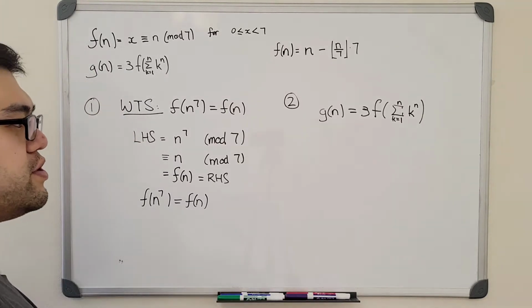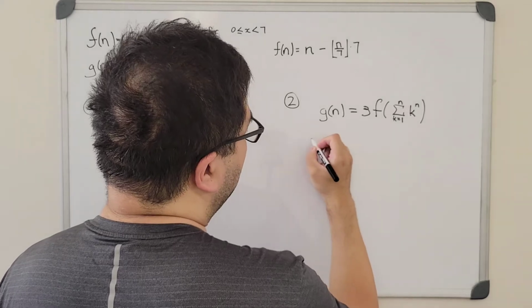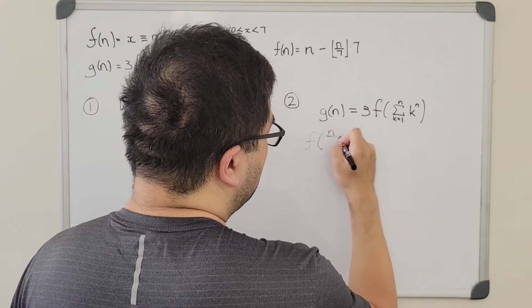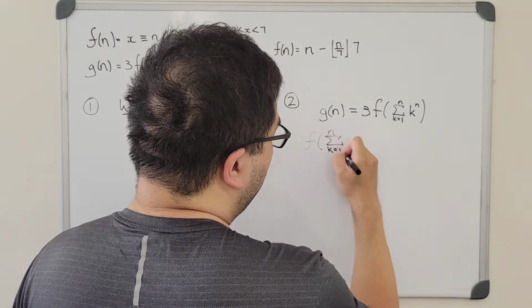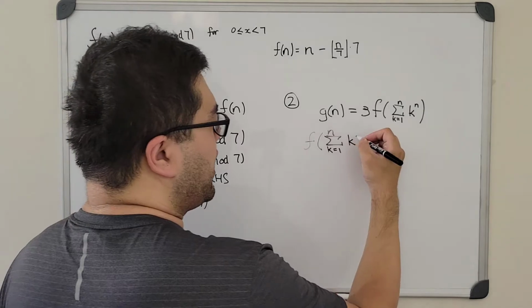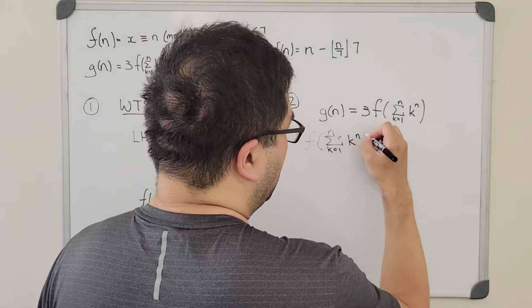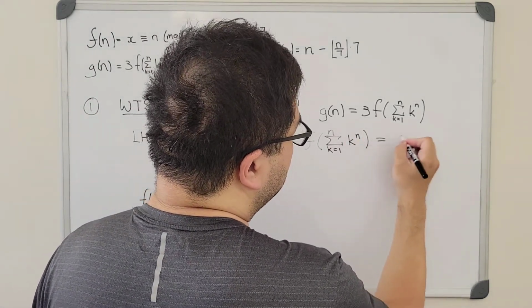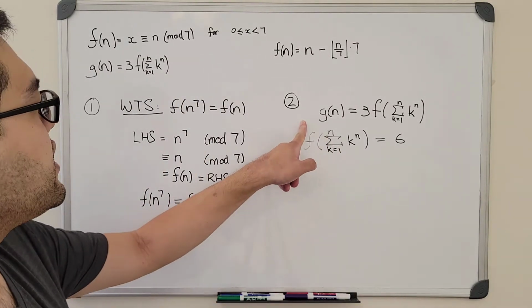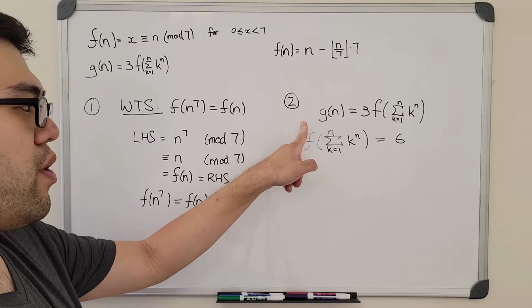So, of course, the best way is hopefully we will get f of the sum of k to the n power, for k equals 1 to n, to be equal to 6 somehow, so that we'll be able to get the maximum score.